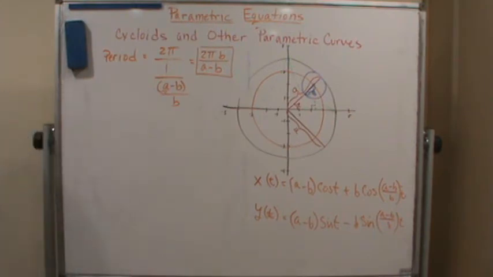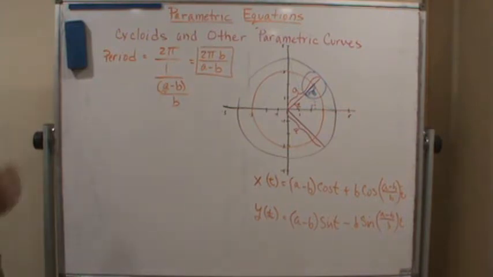Okay, and so what does that tell us? Well, we can use this to tell us how many cusps there are going to be, because we can take the ratio of A and B. So the ratio A over B is related to the number of cusps on the graph.